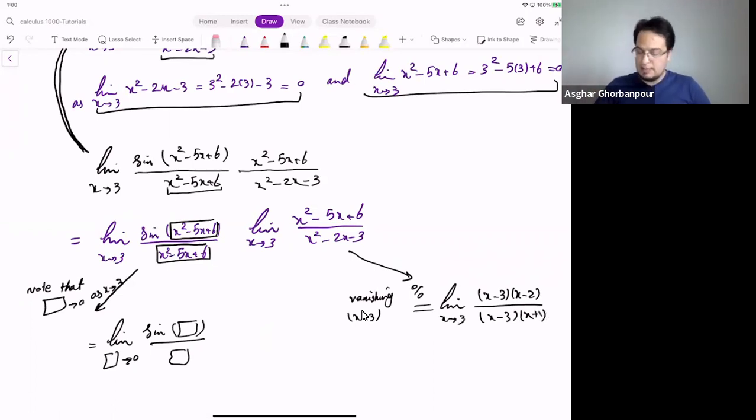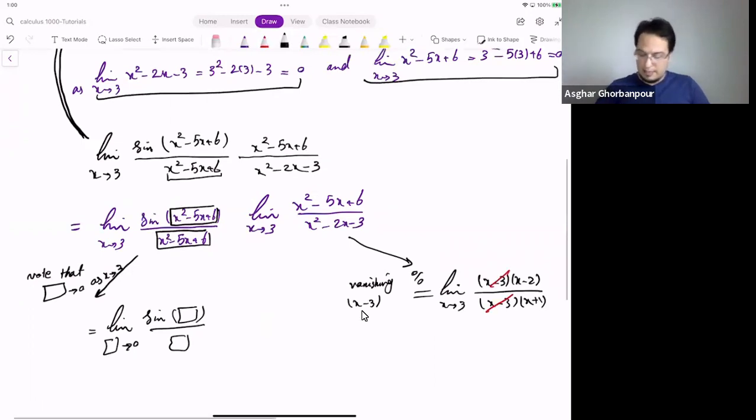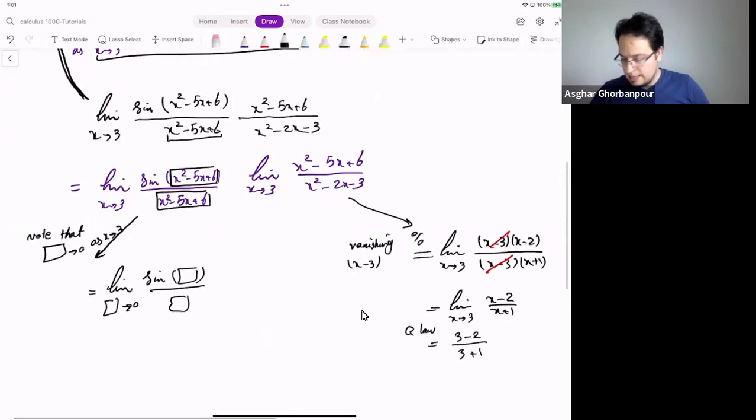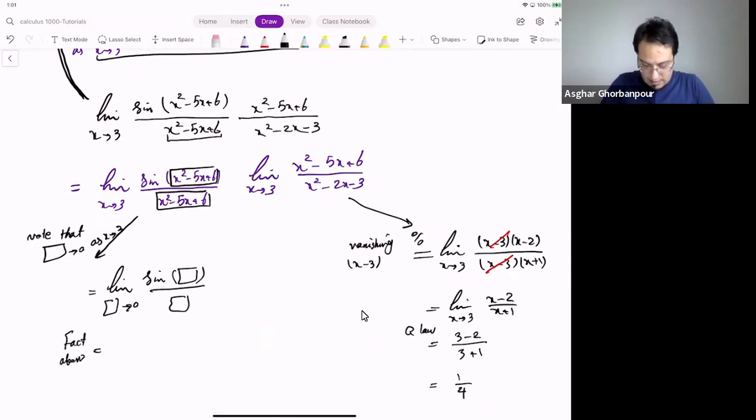I can cancel the vanishing factors and write the limit after canceling: 3 minus 2 over 3 plus 1. This is basically the quotient law, and that is 1 over 4. The second limit is 1 over 4 after doing some work. The first limit, based on the fact given above, is just 1.